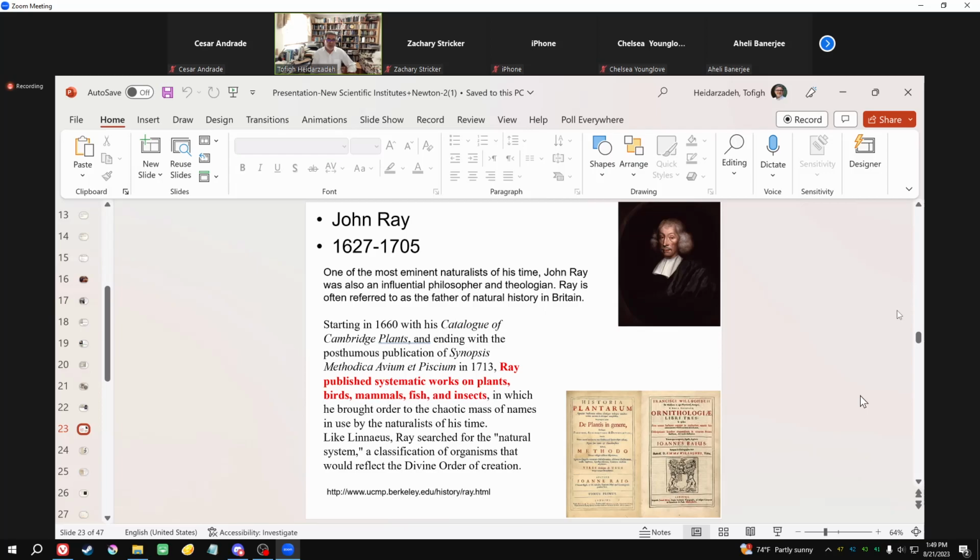He was a natural scientist, and at the same time, he was one of the founders or leading members of what? This natural theology. What was natural theology? How to use these new discoveries, the new science that you have, and connect it to your religious beliefs that you have.